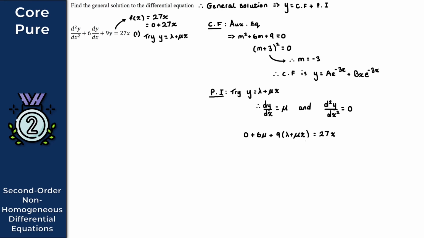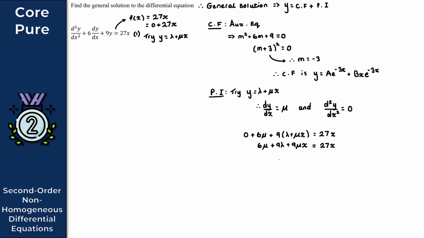Let's expand out this bracket. I've got 0 plus 6 mu, so just 6 mu. I've then got 9 lambda, and 9 times mu x gives plus 9 mu x. And this is equal to 27x.